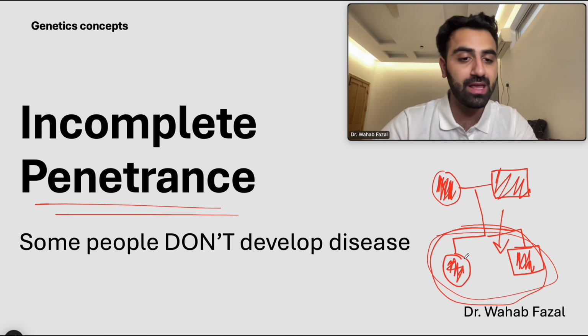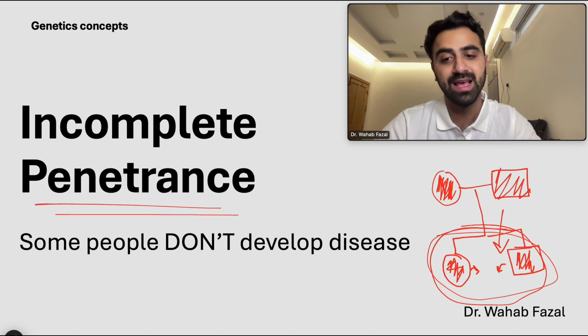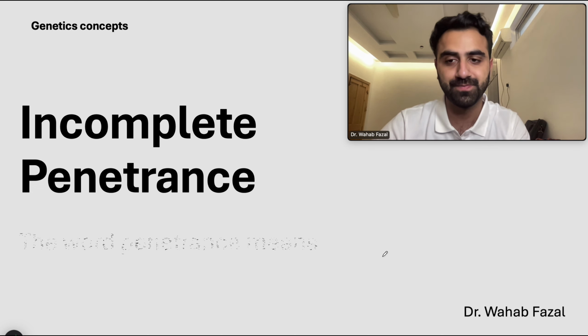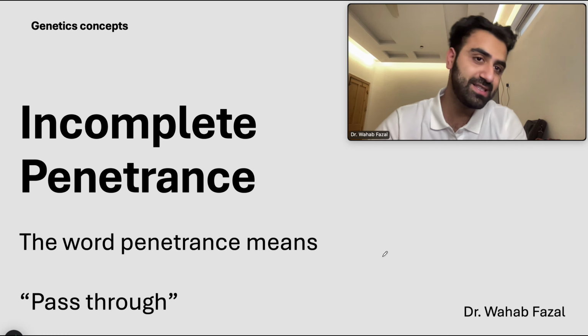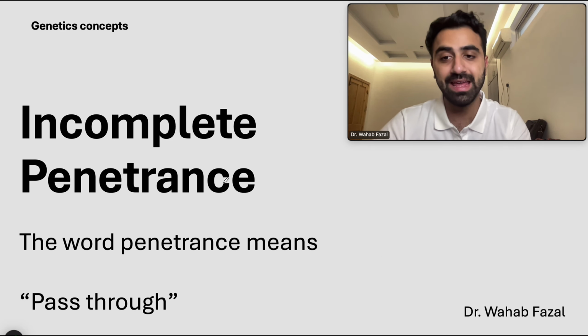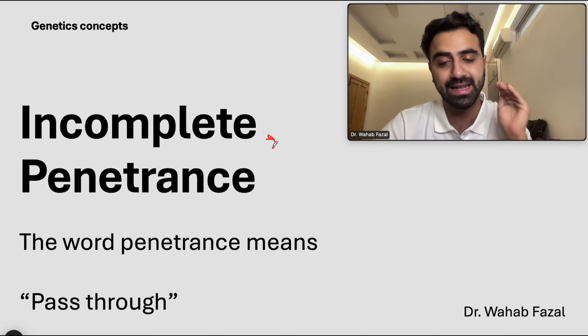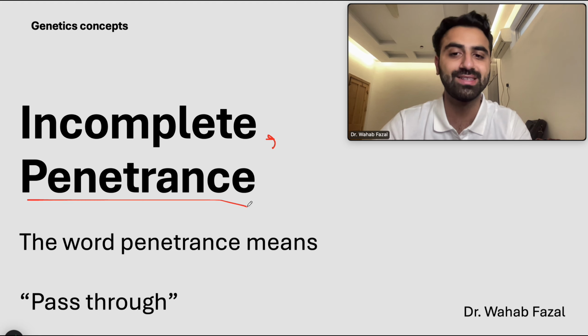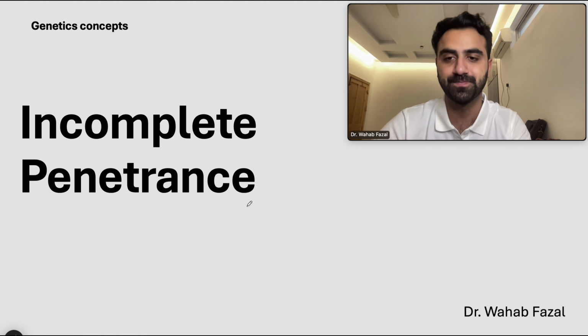Therefore, with incomplete penetrance, even though people possess the genetic problems, the hereditary problems, they don't develop the disease. So the word penetrance means something passing through, and incomplete penetrance means that even though the genetic makeup has passed through, the disease is not there. This is the concept of incomplete penetrance.